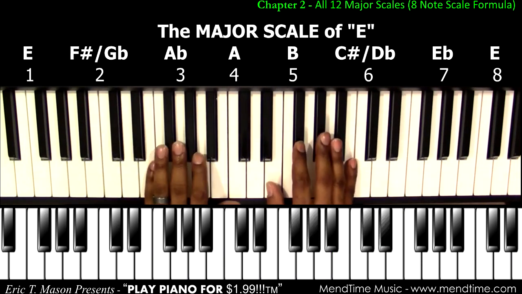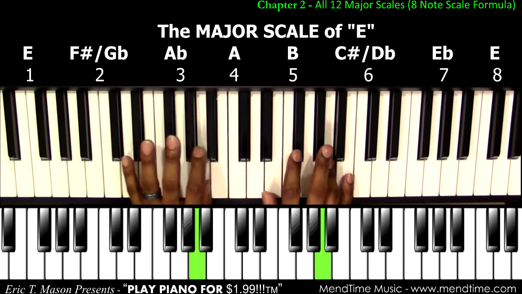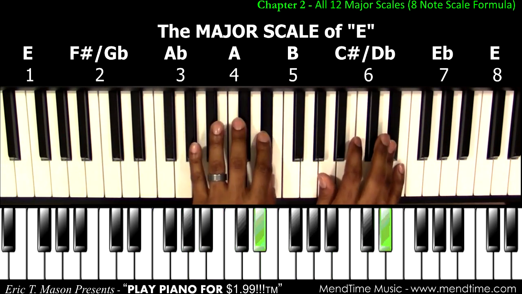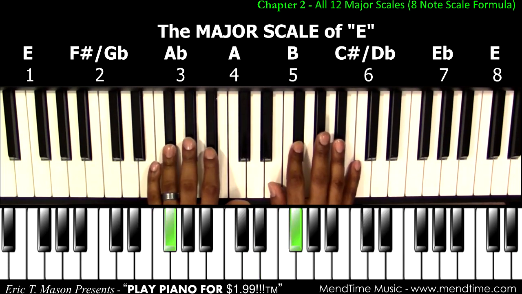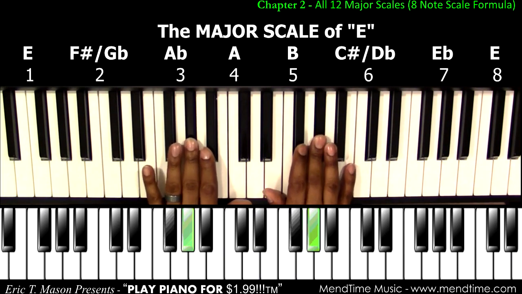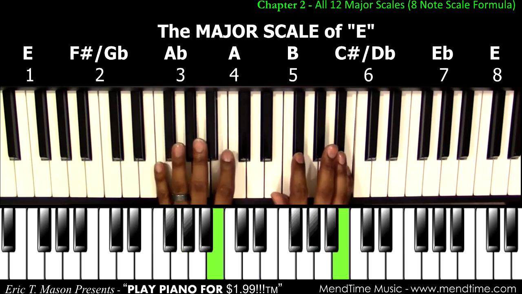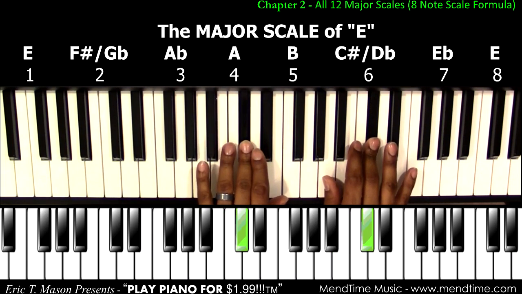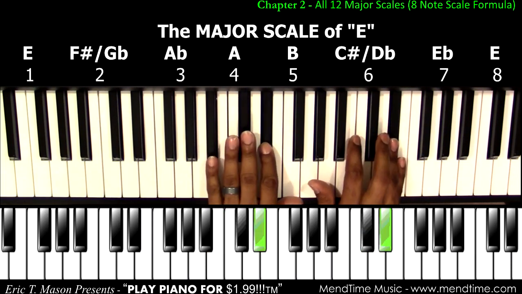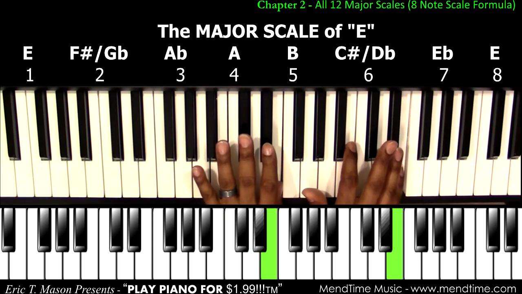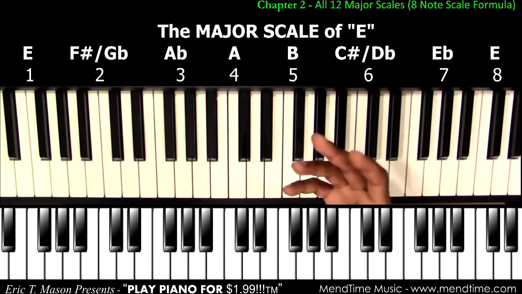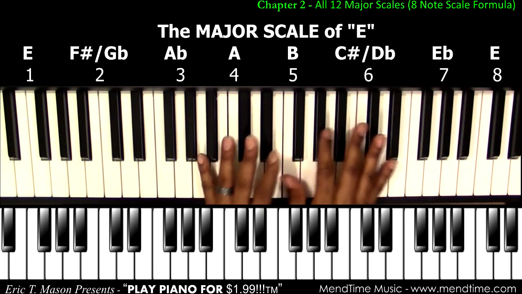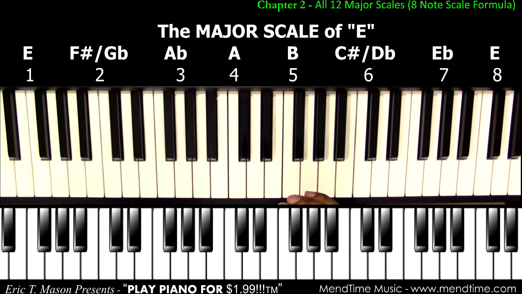Let's use both hands. One more time. E, F sharp, G flat, G sharp, A flat, A, B, C sharp, D flat, D sharp, E flat, E. And again, you could use the documentation to get familiar with the note names, because it's important to know the numbers of the notes as well as their names so that you can speak both languages.